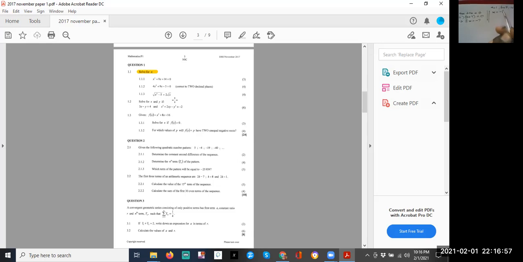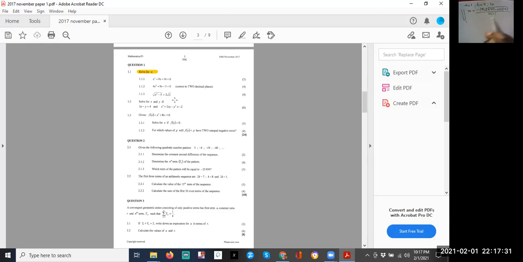Now, minus b is minus 9, then plus or minus the square root of 9 squared minus 4 times a, which is 1, times 14, all over 2a.